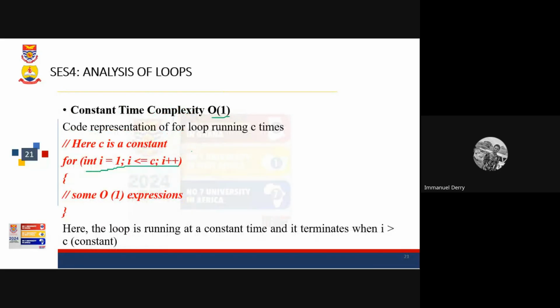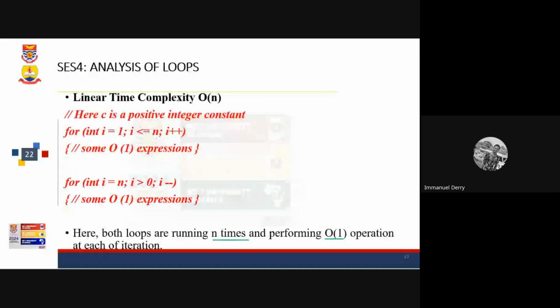That is, we know the C already before the computer starts running. That is why the C is a constant here. But for the linear, we don't know how many times it's going to run. So we're just using the n to represent it.